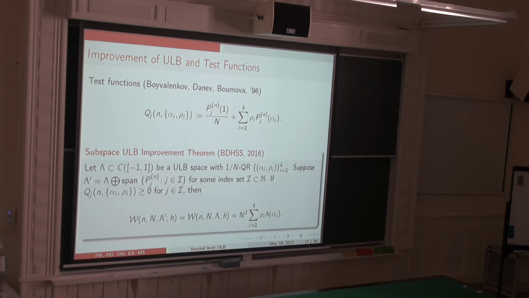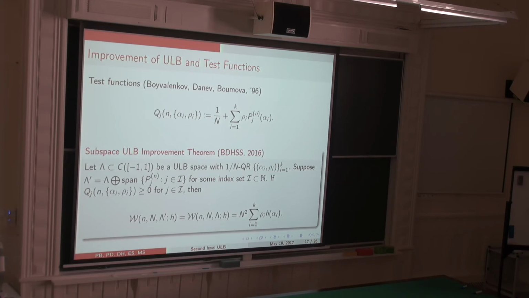So whenever we have a subspace such that all of these test functions are non-negative, then we have a match of the maximum, that was the supremum. So the linear program on the smaller subspace has the same solution as the linear program on the larger subspace. So the only improvement that is possible is when there is actually a negative test function.